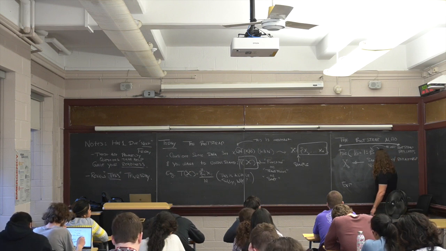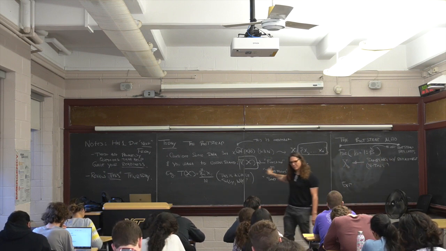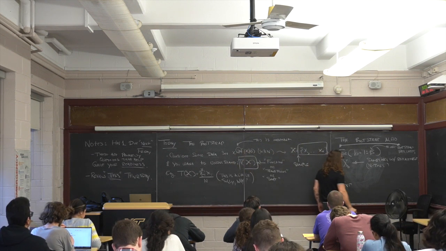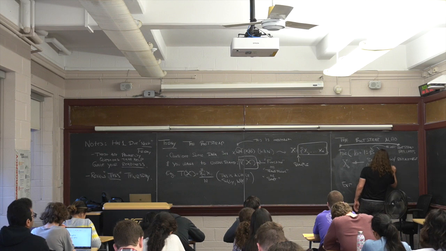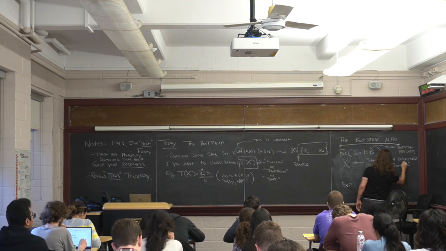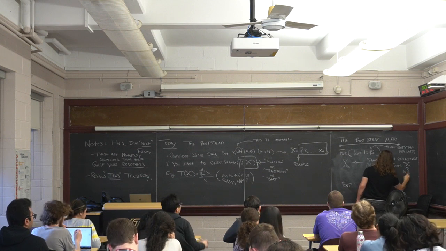N times. So that my auxiliary data sets have the same asymptotic behavior as our original data set. And I sample with replacement from X itself. So this is the original data set.